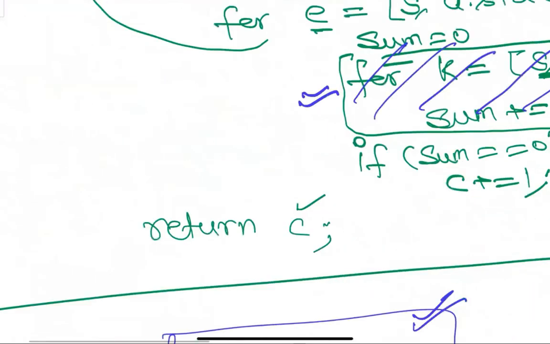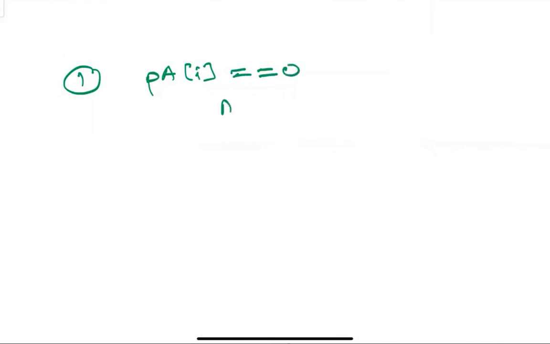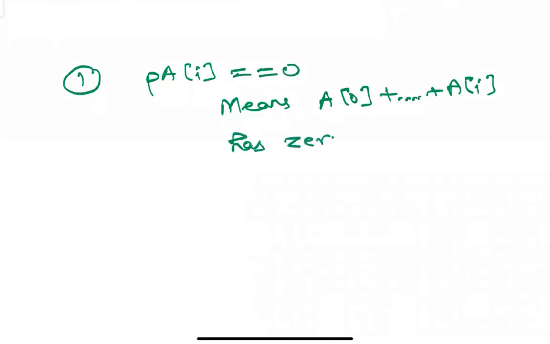So any moment, let's talk about summarizing these two observations. First observation you said is, if PA of I is 0, it means A0 to AI sum is 0. You found a subarray with 0 sum. This is the first category we saw earlier when we observed all the zeros.